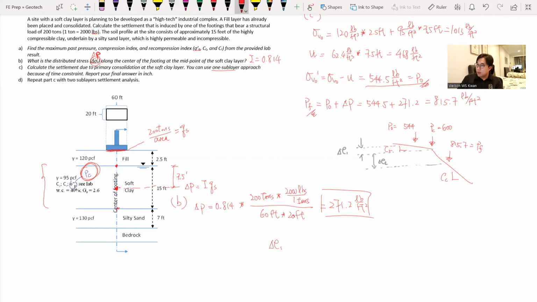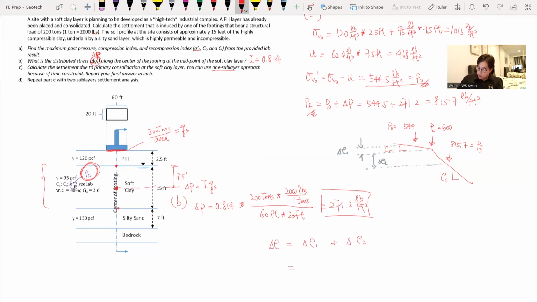So delta E1 is equal to C sub R times the recompression power, right? So pretty much like that, we can simplify it in this way. So the delta E is equal to delta E1 plus delta E2.